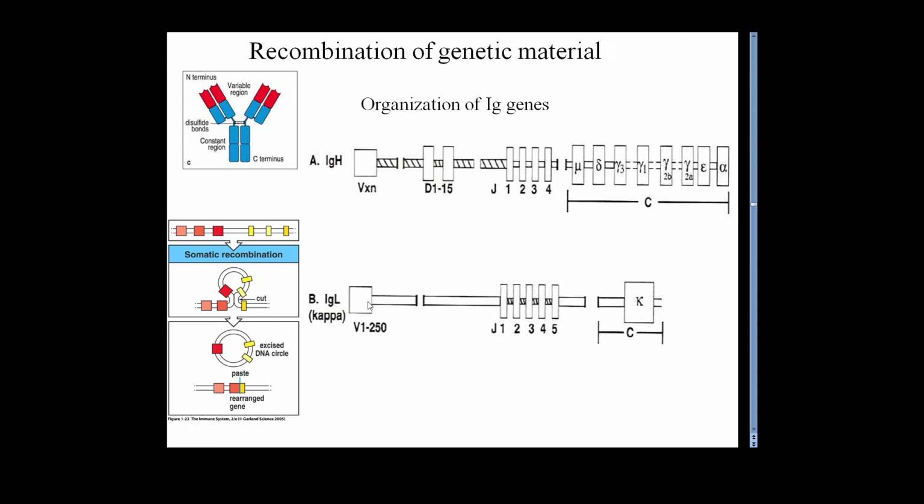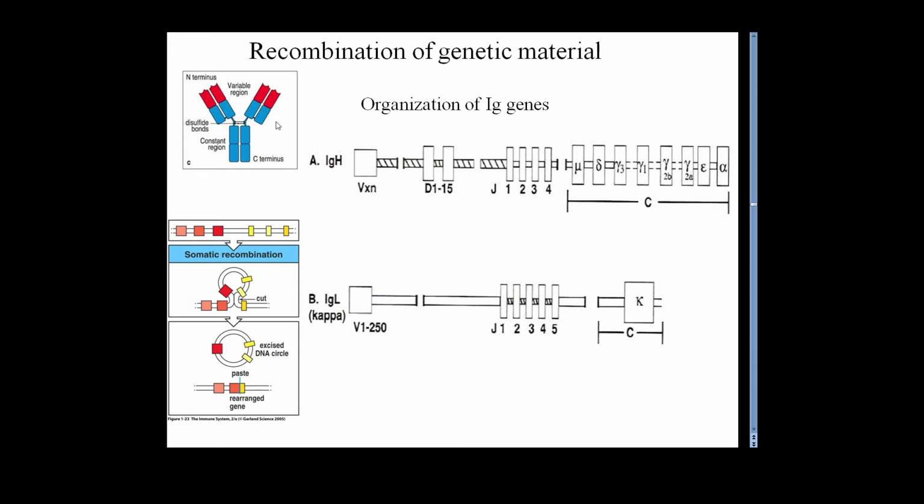It can be different: some hundreds of V variants, D variants absent, but J also some units of parts. Different variants of recombination will lead to a multiplicity of variants of the variable region of immunoglobulins.